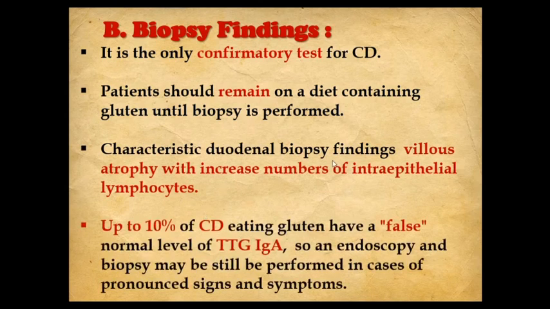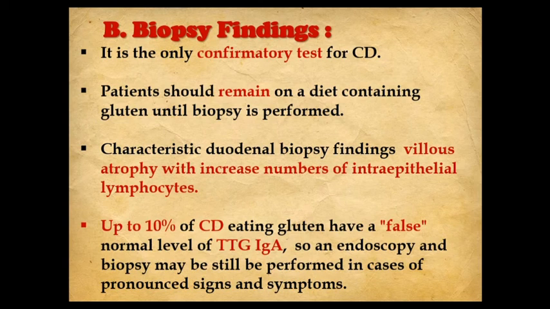But up to 10% of celiac disease patients eating gluten have a false normal level of tissue transglutaminase enzyme IgA antibody. So an endoscopy and biopsy may still be performed in cases of pronounced signs and symptoms. What does this mean?